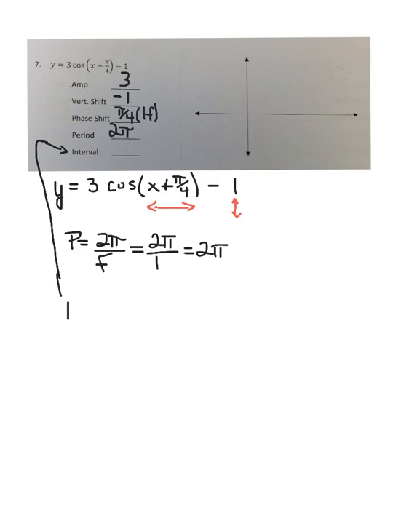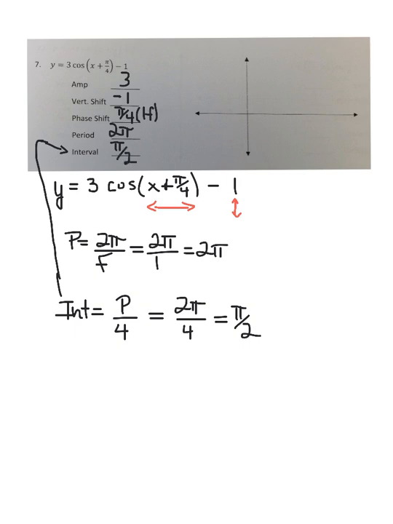Okay, to find the interval, it's always going to be the period divided by 4. Okay, so the period in this case is 2 pi, and divide that by 4, the interval then will be pi over 2.